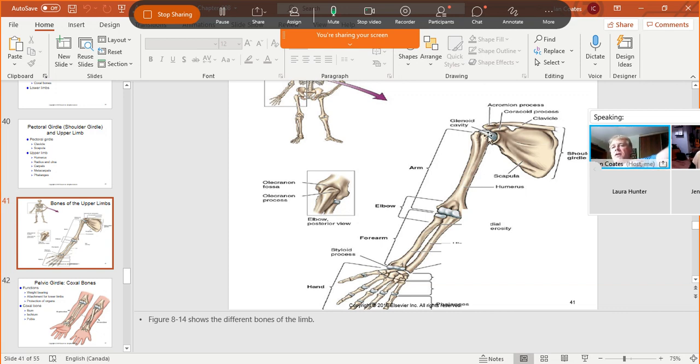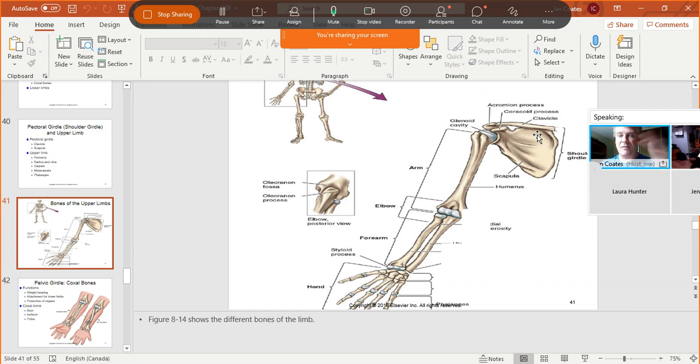Your arm is hooked into what we call a ball and socket joint. You have two ball and socket joints: your shoulder and your hip. All right, so you have your scapula, your shoulder blade, and the bone that comes across here in the front is called your clavicle, and apparently it's probably one of the worst bones ever to break.